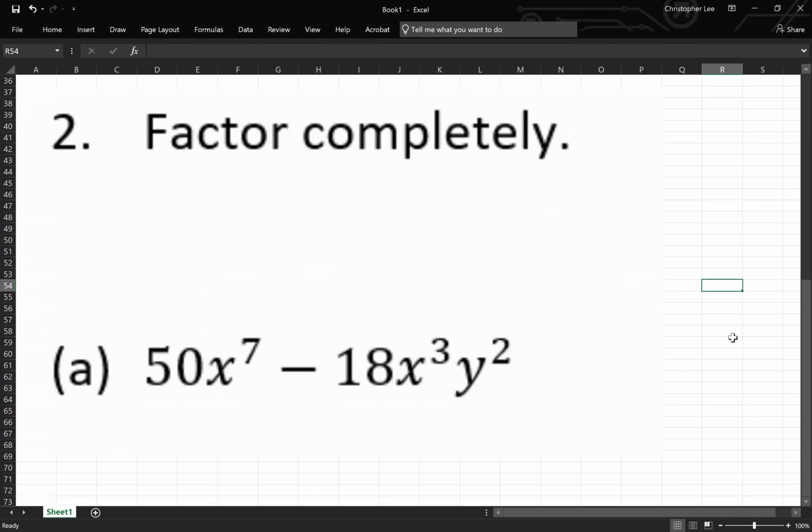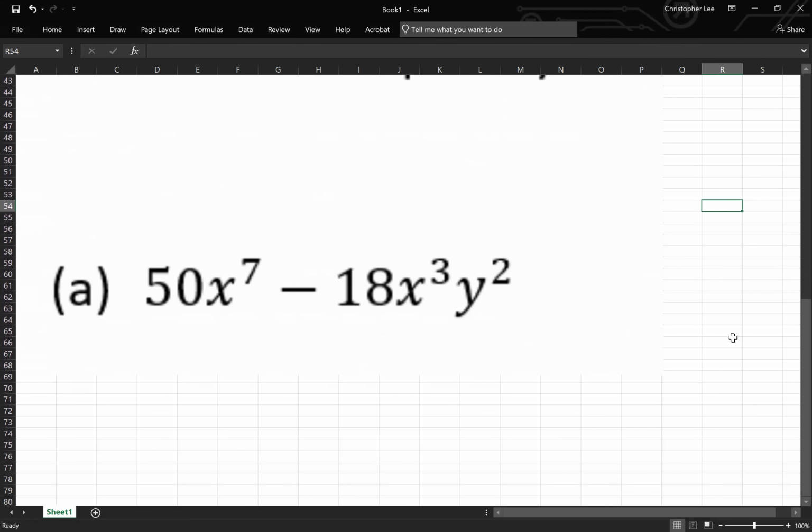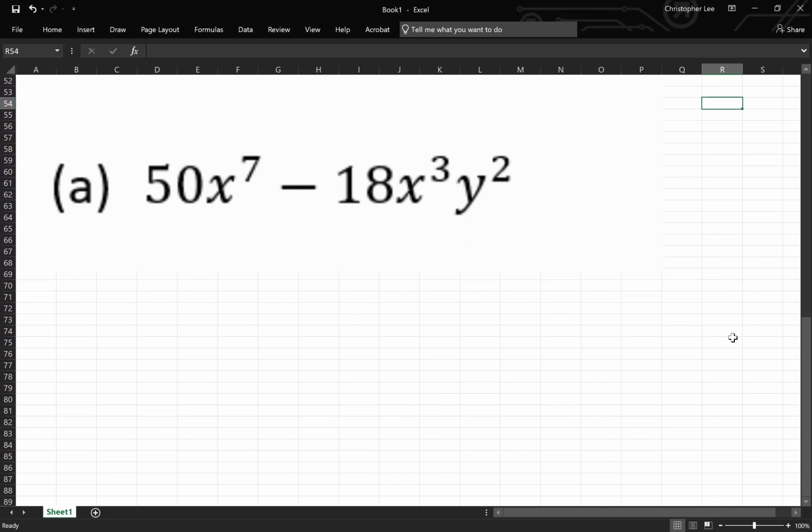This is your second question on your exam. Says factor completely. So questions? Low key, I picked the hardest questions for y'all exam, and y'all all passed them.